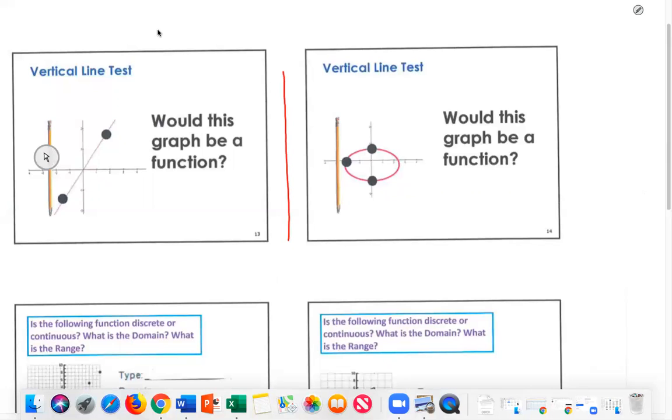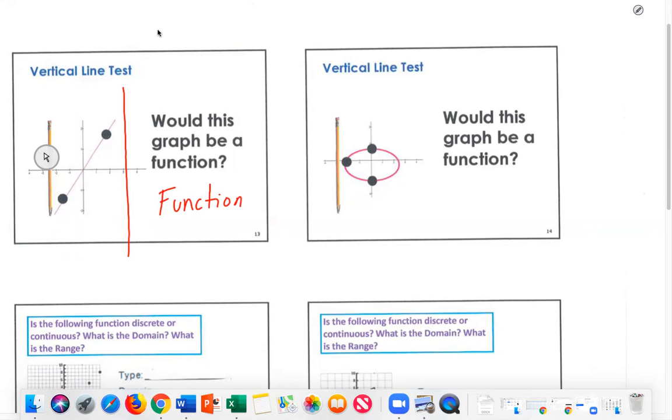All right, not bad. So I'm going to take this vertical line and drag it across my graph. Notice my line and my points only touch my vertical line at one point. This would be a graph of a function.